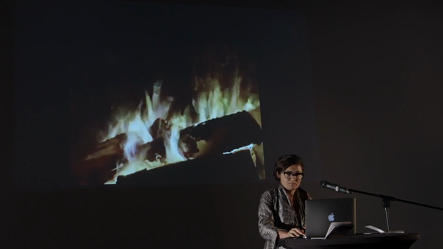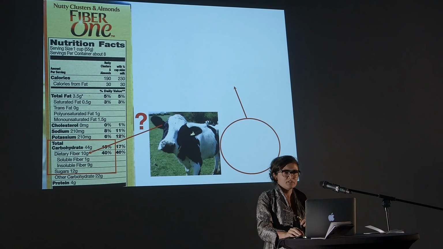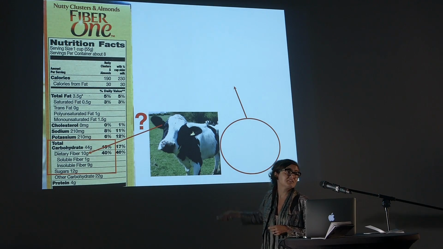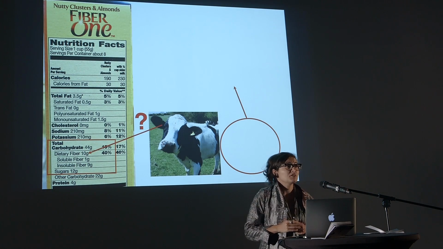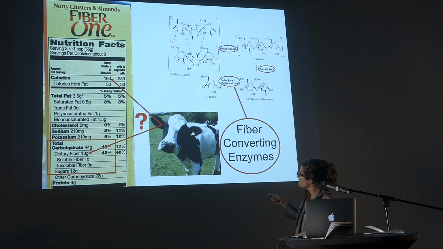Because fiber is cellulose, cellulose burns. So I really don't buy this number. If anything, something that has a lot of fiber should burn a lot, therefore should have a lot of calories. From a cow's perspective, the cow doesn't really know what to read. Am I going to look at the fiber content, or am I going to look at the calorie content?